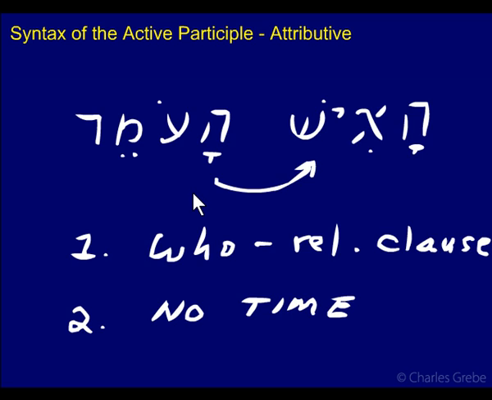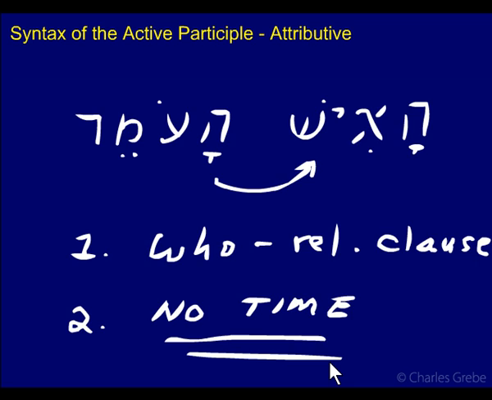So if you want to know whether this is the man who is standing, or the man who was standing, or the man who will be standing, we have to look at the greater context of the sentence. Some other verbs or some other circumstantial information has to tell us what the time reference is for this whole sentence, and this participle will follow that. It could even be the man who might be standing. So there is no time embedded in the participle itself. It'll follow whatever the context is. That's very important to know. No time.